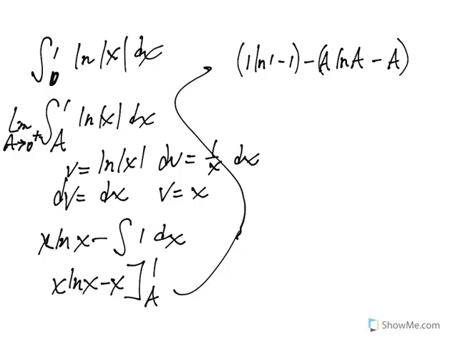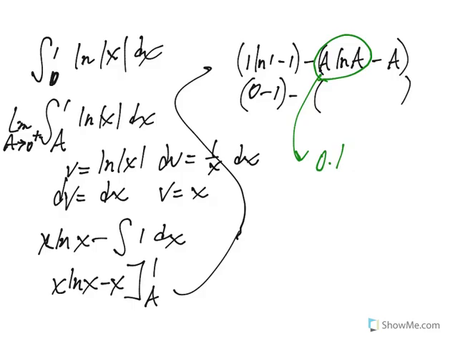So here we go. I take a look at the first one here. I've got 1 times the natural log of 1. That is 1 times 0. This gives me 0 minus 1 in the first set of parentheses. Now I just need to figure out what the second set is equal to. So now, if I take the limit as a goes to 0, I take a look just at this portion right there. If I plug 0 in for a, I get 0 times the natural log of a very small positive number.